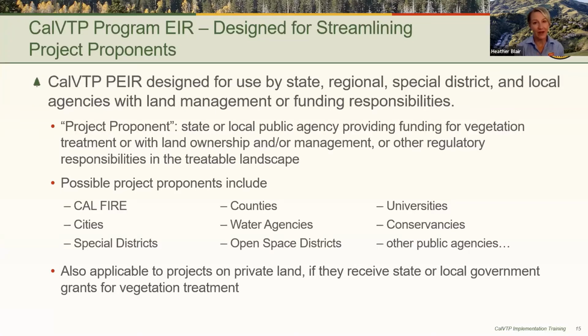So if a fire safe council is seeking state grant funding, say from CAL FIRE or the Sierra Nevada Conservancy, the Fire Safe Council could prepare the PSA, which would be then adopted by the agency who is providing the funding to fulfill that agency's CEQA requirement.